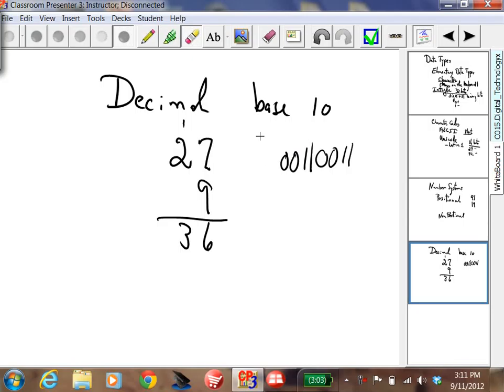It would be 8 of them, so it'd be 0, 0, 0, 1, 1. Let's see. 1, 2, 4, 8.